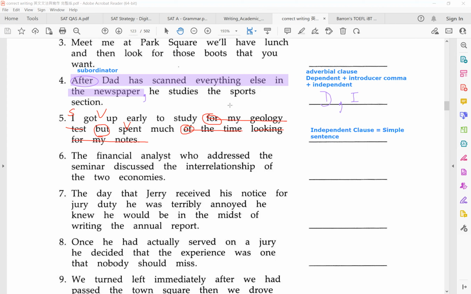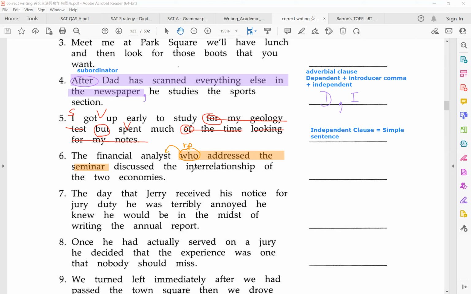All right, the financial analyst who addressed the seminar discussed the interrelationship of the two economies. So do you see how adjective clause who, relative pronoun, right? I'm going to write RP here. This is referring to financial analyst.